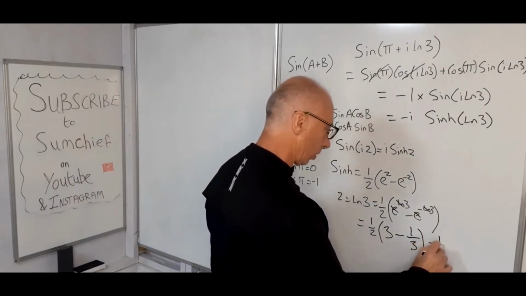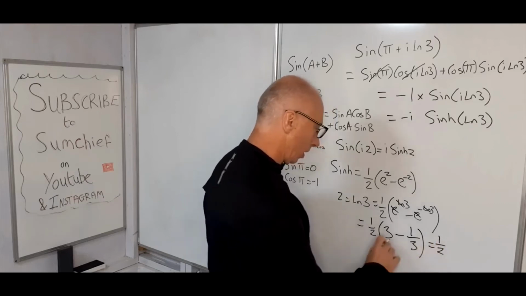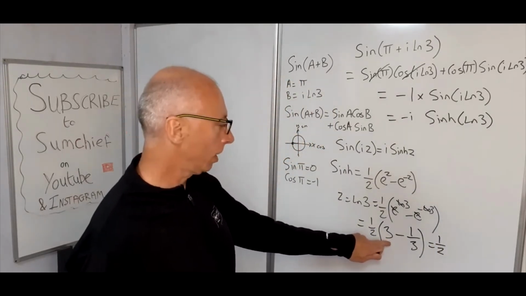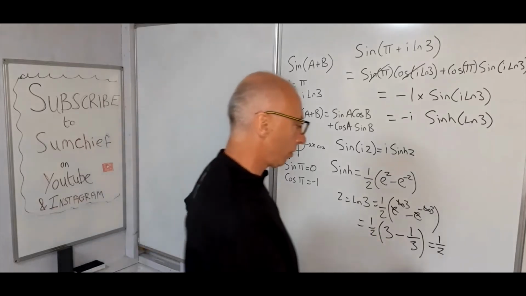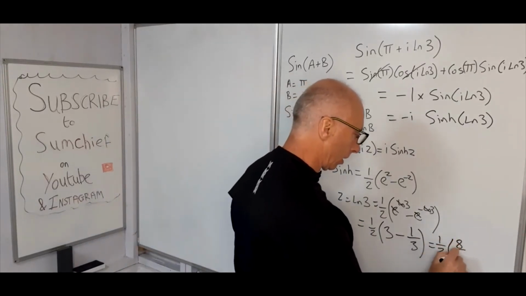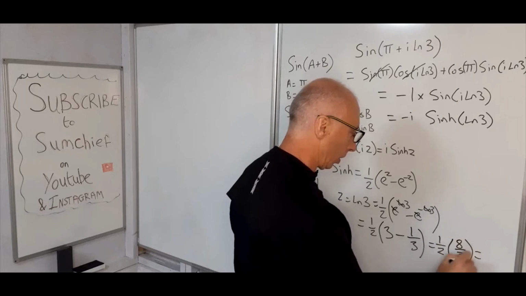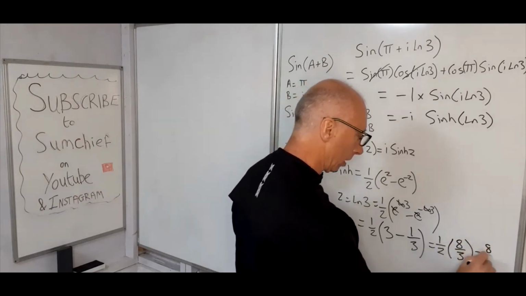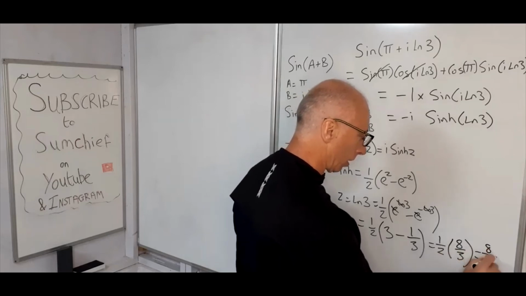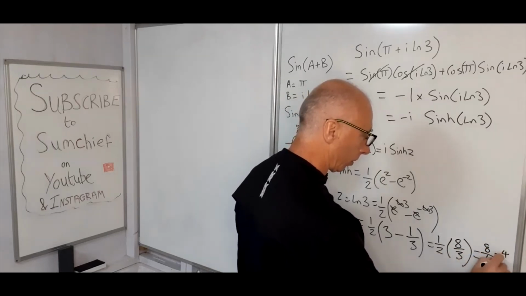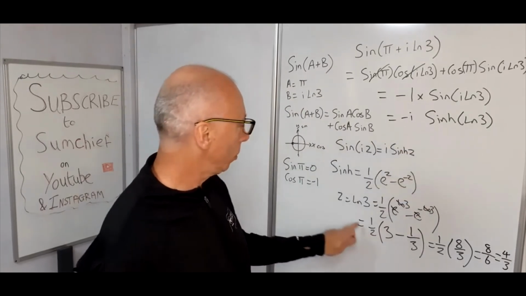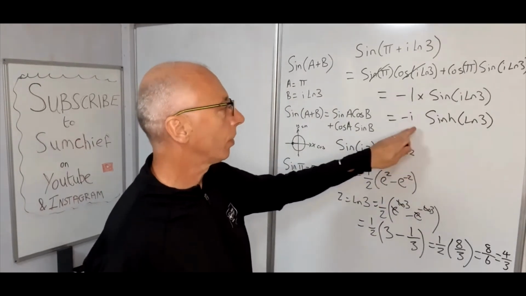So that equals 1/2 times 3 minus 1/3, well 3 is like 9 over 3. So 9 over 3 minus 1 over 3, that's 8 over 3, which equals 8 times 1 is 8, 2 3s are 6, so that equals 4 over 3. Now we're still not finished here, we've just worked out what sinh of natural log of 3 is.